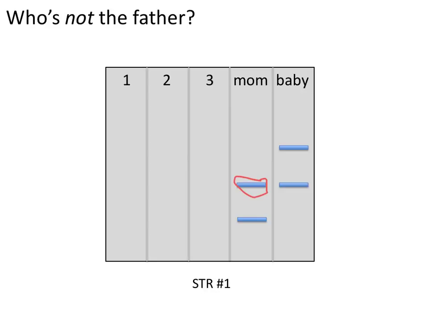She's got a fragment of this length that's longer than a fragment of this length. Okay? The baby shares this allele from mom. Okay? And then there's this one other allele up here. And this allele is from dad. Okay?